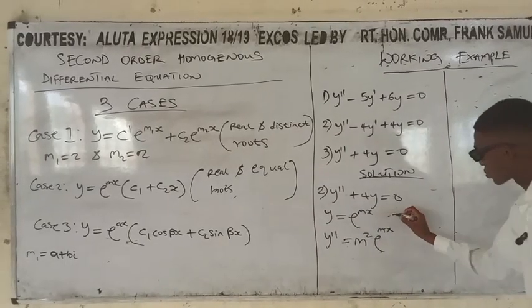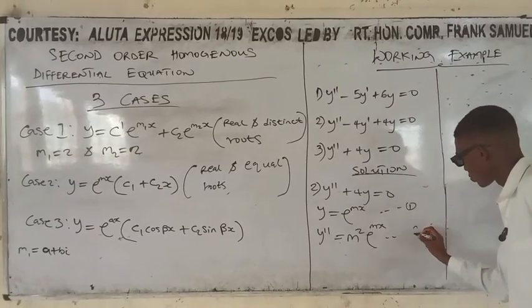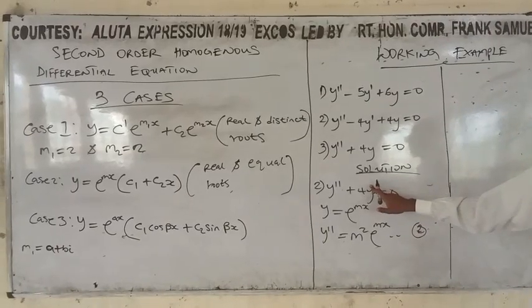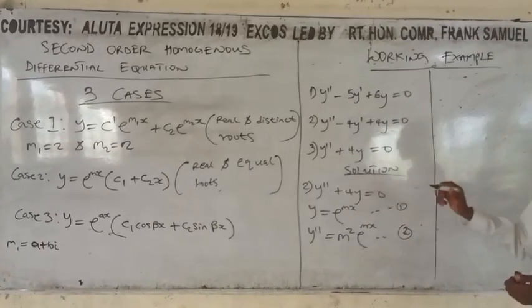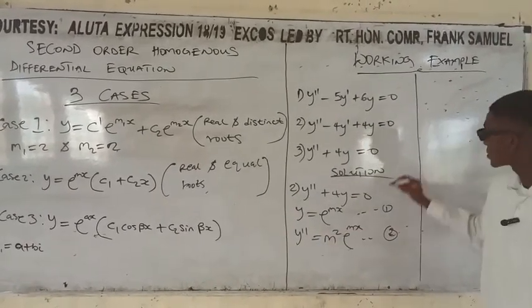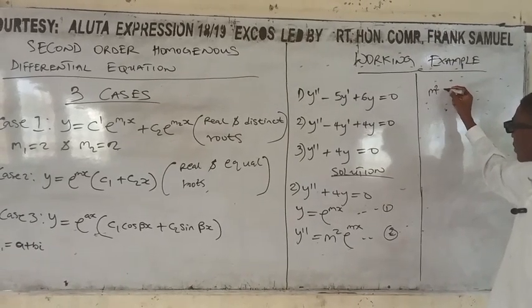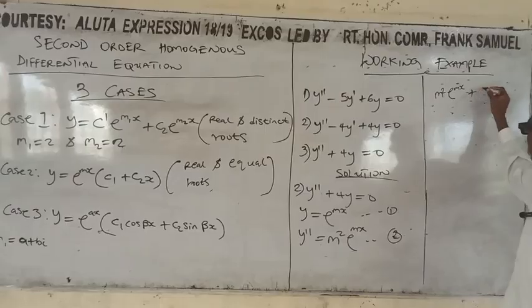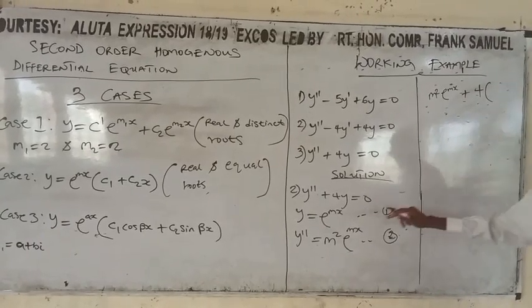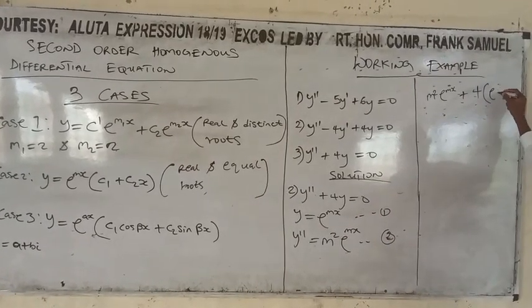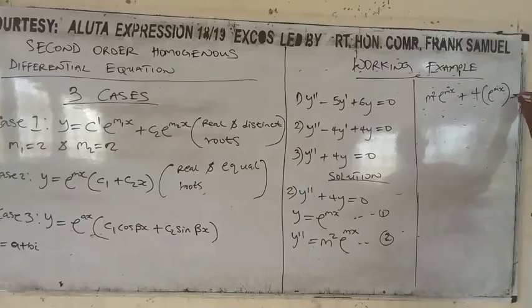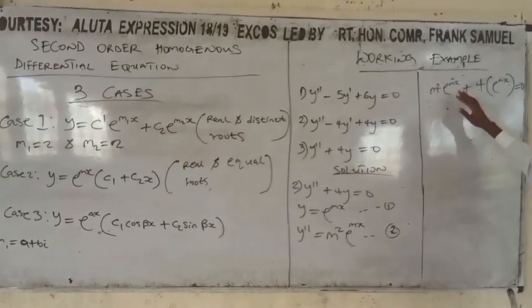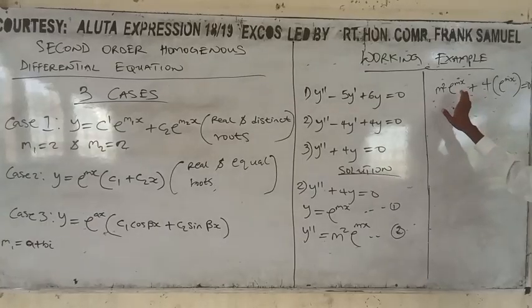Now putting equation 1 and 2 into the question given to us, we have y prime prime, which is m squared exponent mx, plus 4 bracket y, which is exponent mx, equals to 0, right?